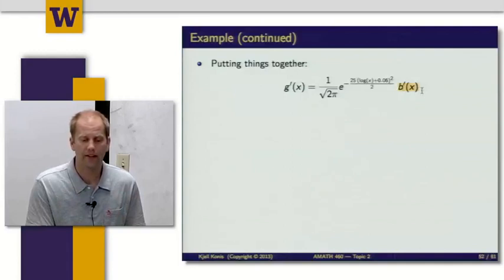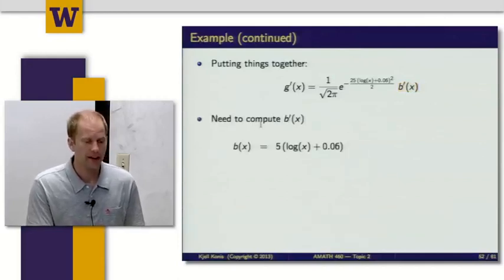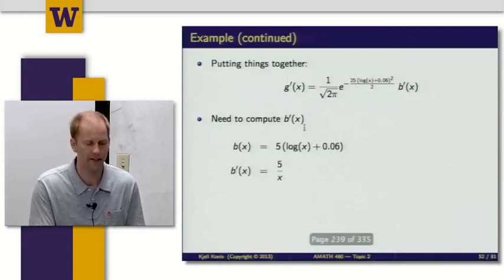And then I still need to multiply it by the derivative of b of x. b of x was equal to 5 times the log of x plus 0.06, and that's pretty easy to see the derivative of. 5 times log of x, its derivative is 5 divided by x.